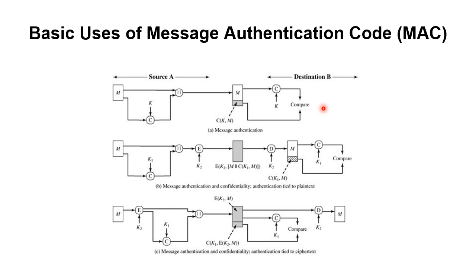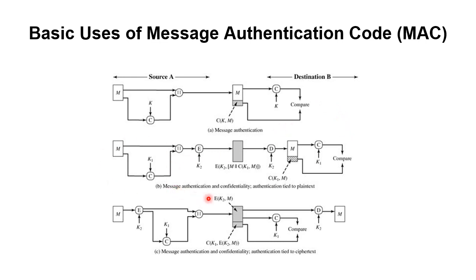Authentication means ensuring that the message is from the right person. When the destination receives the message, it checks the appended information along with the message. From the message he calculates the MAC value and compares it. If both are the same, then he knows it is from the authorized person.